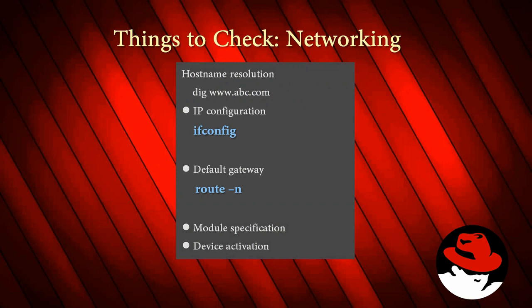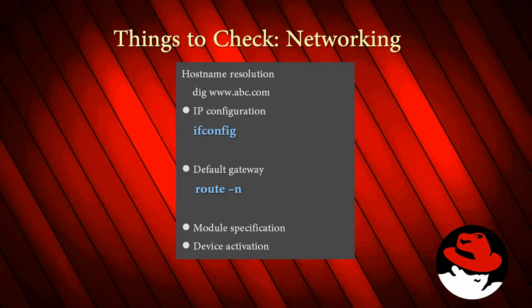IP configuration may be checked using the ifconfig command. You can use ifconfig for checking the IP address and other details. It shows IP version 4 and IP version 6 details, whichever is configured. You can resolve the hostname by writing the dig command, dig, provide the URL name next to it, followed by the spacebar.